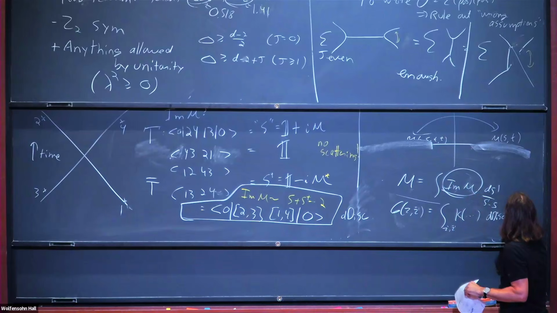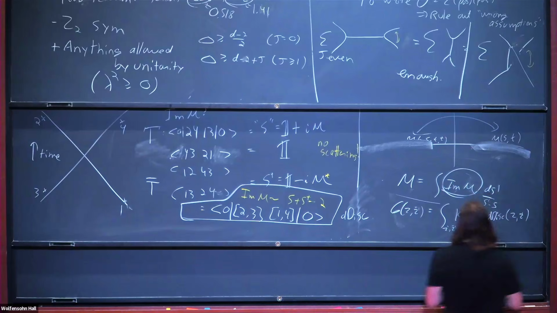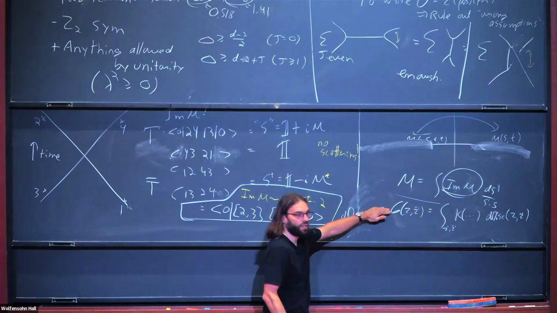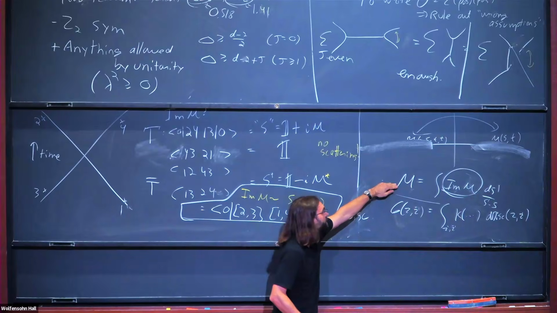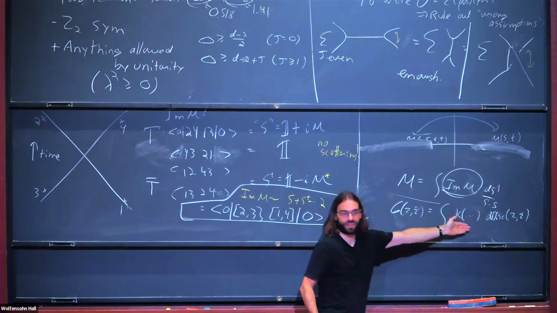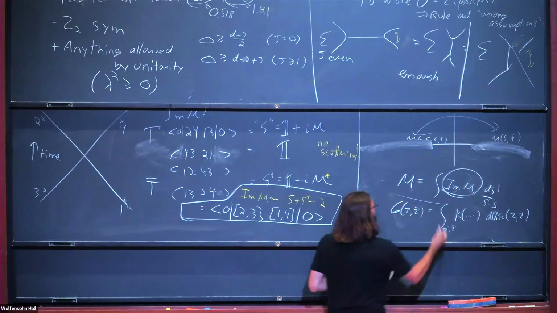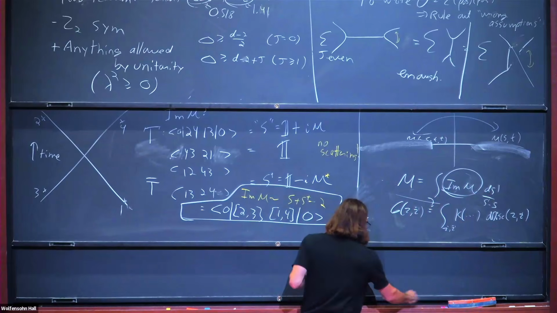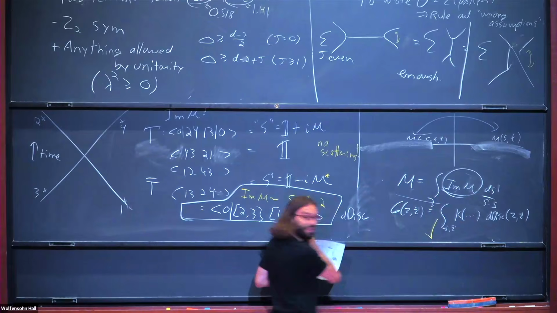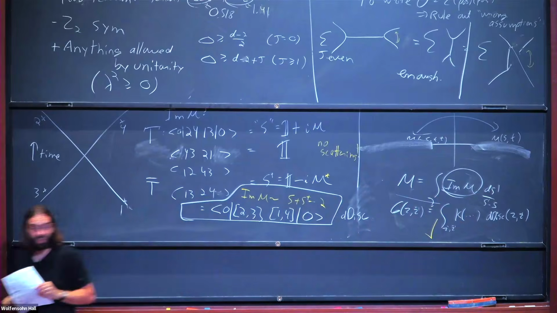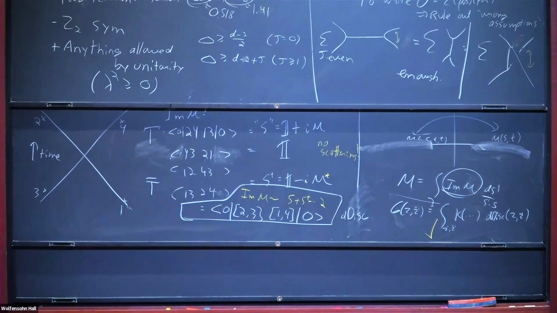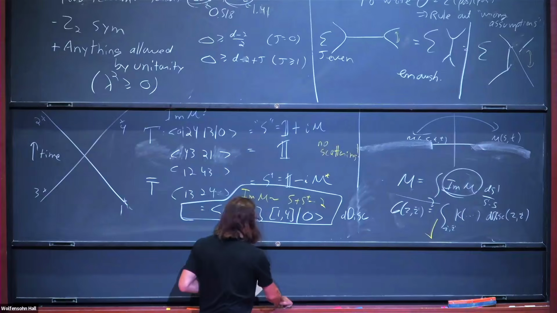So an analog of the dispersion relation in CFT, a physical analog of this dispersion relation, should be something like this. And the question is, can we actually do this? And the answer is yes.